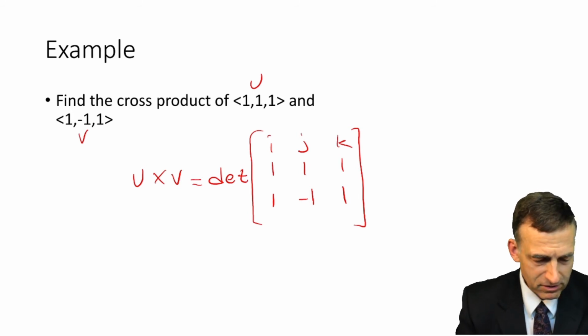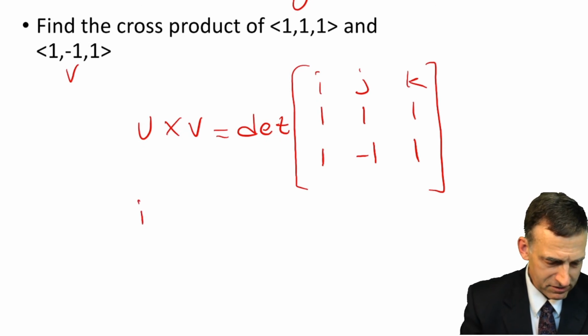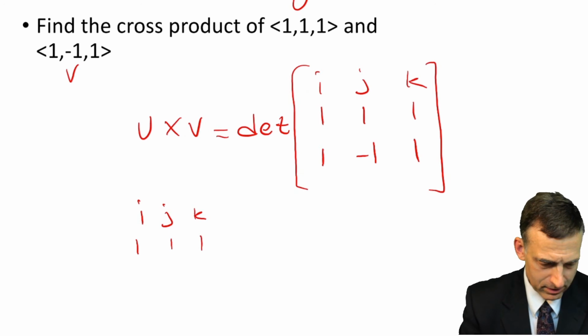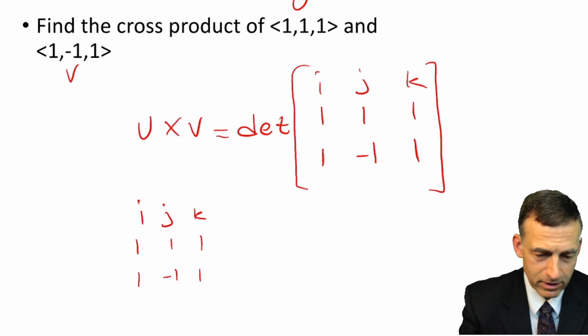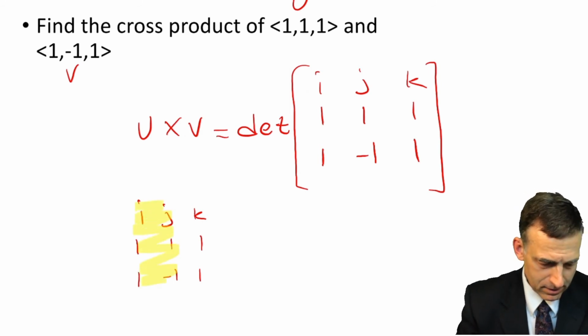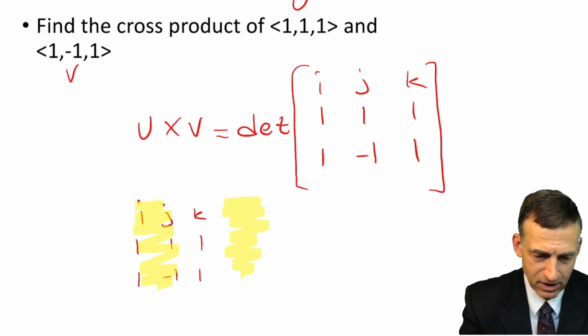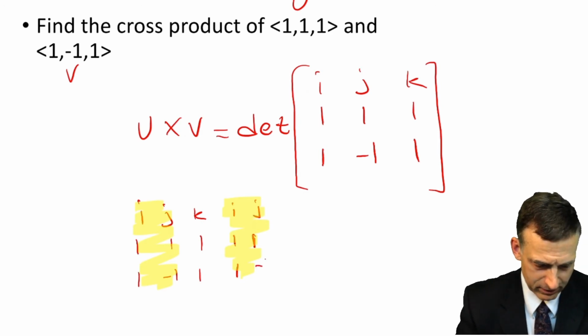So let's go ahead and do this. We will copy this down here: 1, 1, 1, 1, negative 1, 1. Now remember, we're going to take these first two columns and copy them over here. So basically I just copy the entire column: I, 1, 1, J, 1, negative 1.